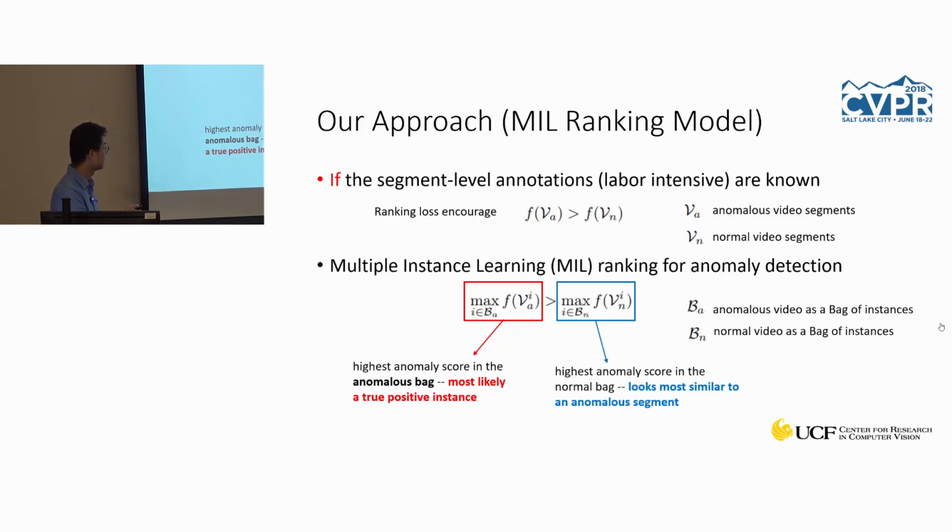For the negative bag, we also find the highest anomaly score among the instances of that normal bag, which looks like an anomalous event but actually is not, because we know it comes from a normal video. So it's a hard instance. We want the maximum score from the positive bag to be larger than the maximum score from the negative bag. That's the multiple instance learning framework ranking loss.